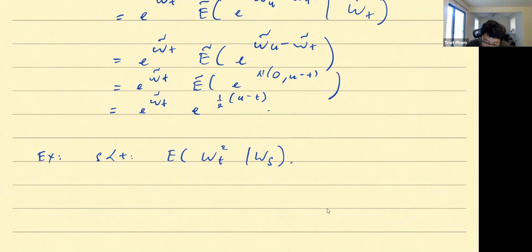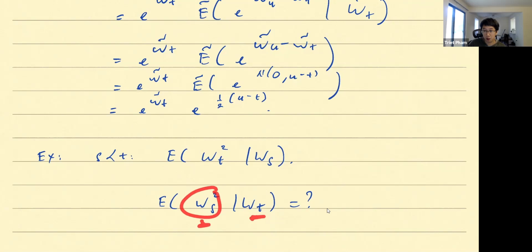Again, notice that in all the calculations we'll be doing, any conditioning always has the flavor of the future value conditioned on the past value. You could mathematically ask the reverse question: suppose you observe the future value but you don't know the past value, so you want to guess the past value based on the observation of the future value.